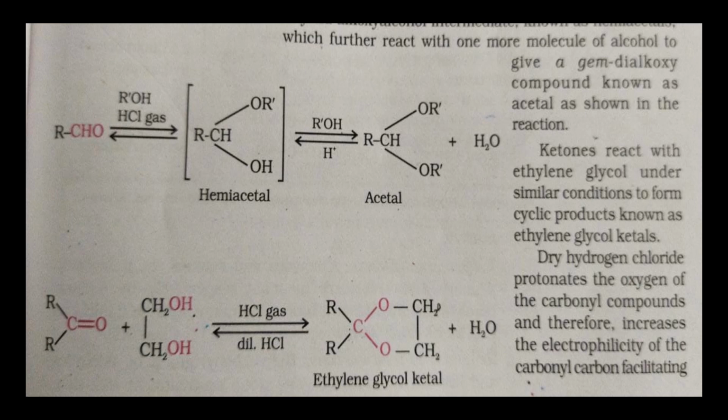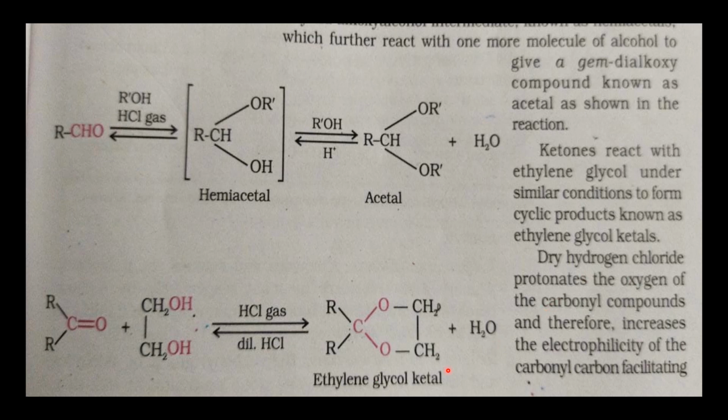Ketones react with ethylene glycol under similar conditions to form cyclic products known as ethylene glycol ketals. So this is the first reaction mentioned, and this is the second reaction mentioned over here.